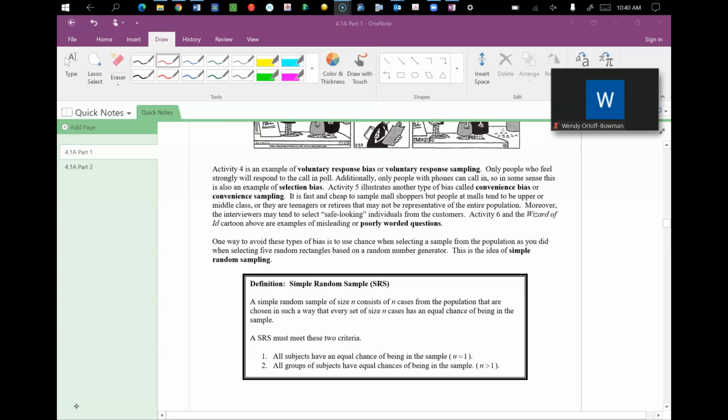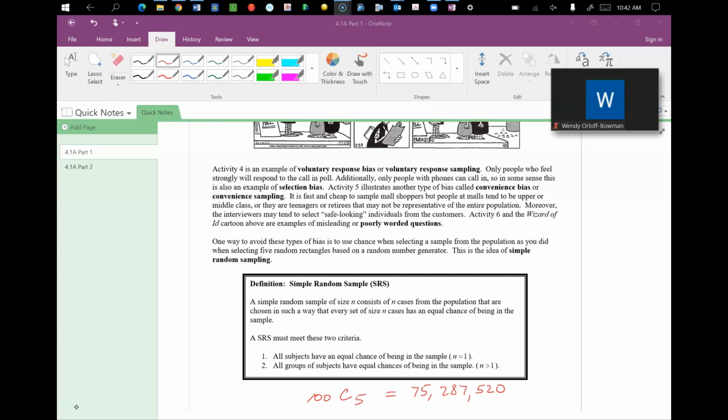If you wanted to figure out the number of groups of size 5, you could do 100 choose 5 on your calculator and see that it is a very large number. It turns out that if we were going to select all samples of size 5 from that group of 100 rectangles, there would be 75,287,520 different groups of size 5.